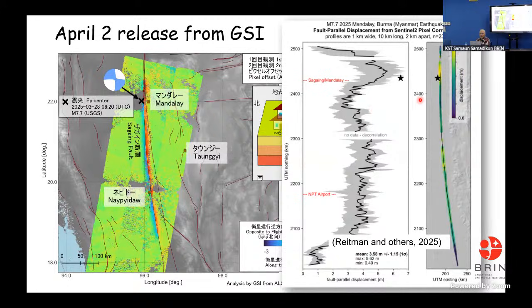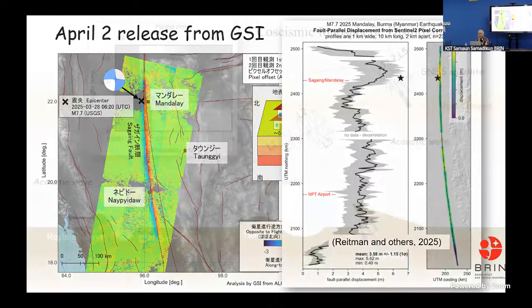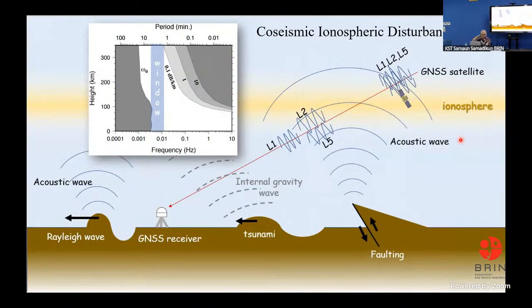So they pinpoint some place where there is more displacement than other parts. So they can show that the slip is not uniform, but no further information.